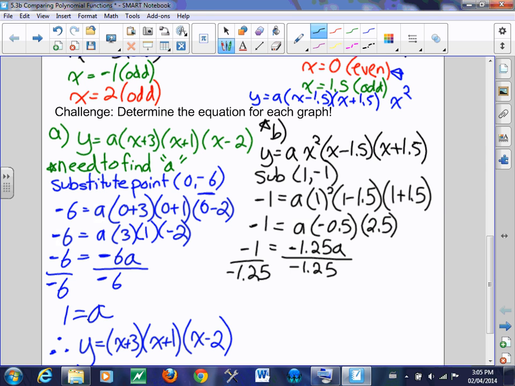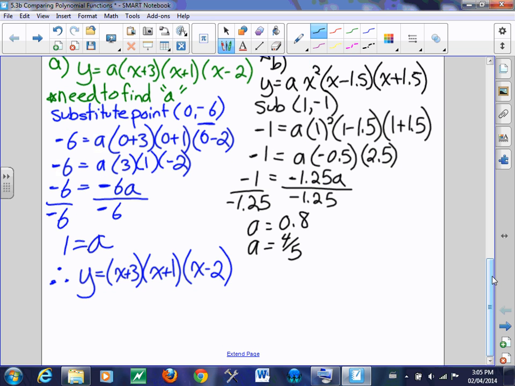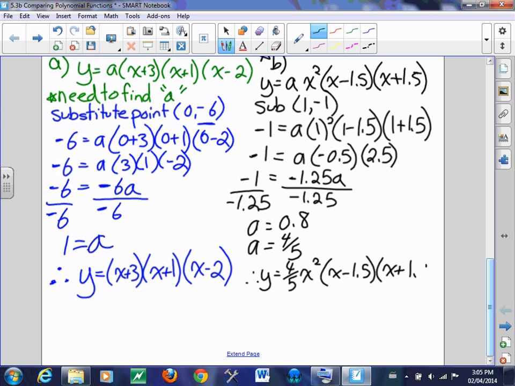If you plug that in your calculator, you'll get a equals 0.8, or if you want to keep that in a fraction, it's 4/5. And that's approximate because we were just assuming that those values are there, but it's pretty close. So therefore, my equation is y equals 4/5 x squared times x minus 1.5 times x plus 1.5. And again, that's in factored form, guys.